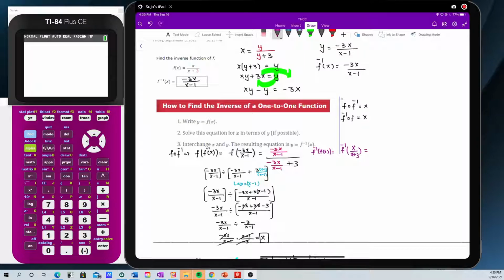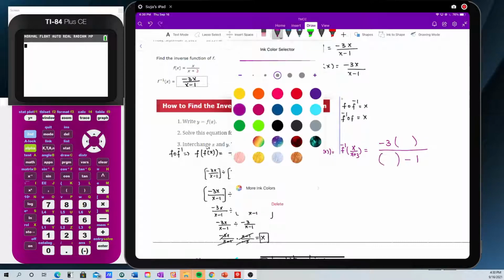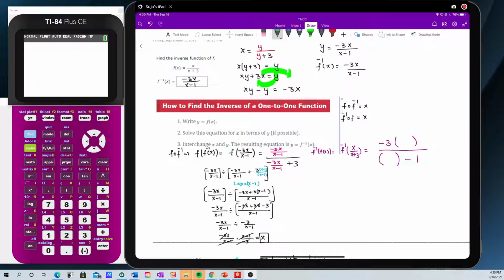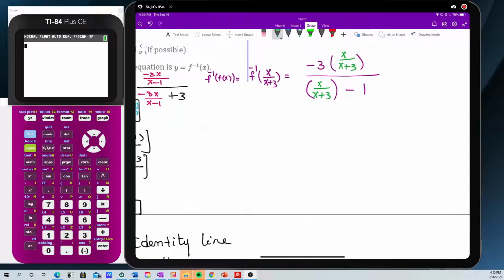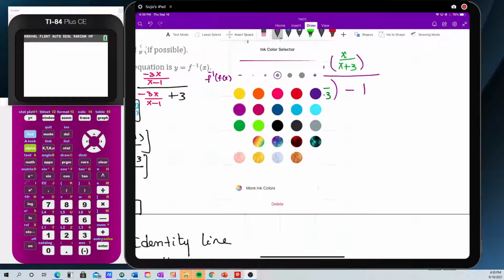Negative 3 times whatever that value is, I'll use another color here, over minus 1. So this would be x over x plus 3, and this would be x over x plus 3. Okay, I'm going to do this, then I will zoom out to show you everything.